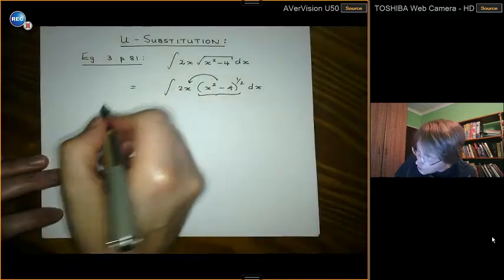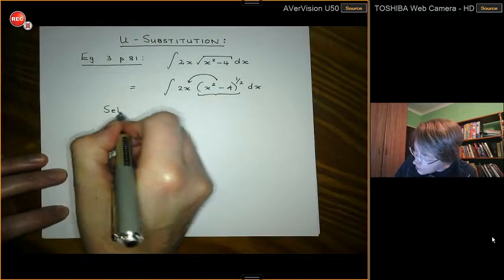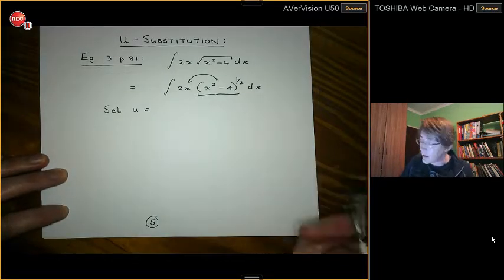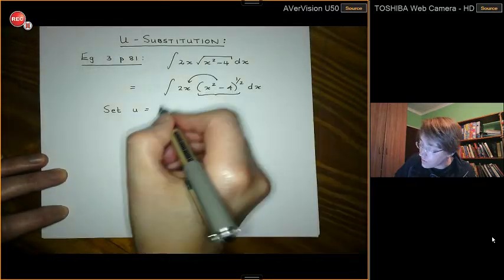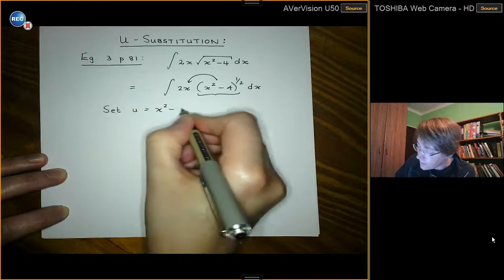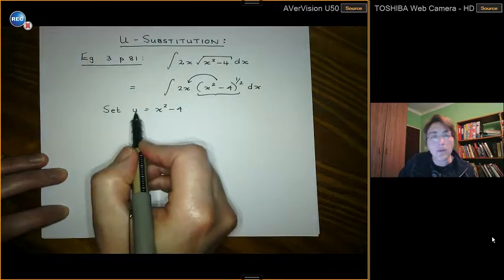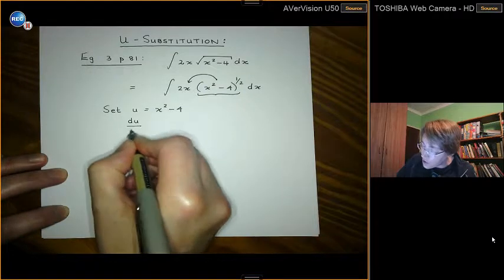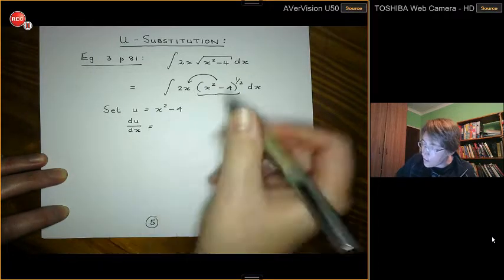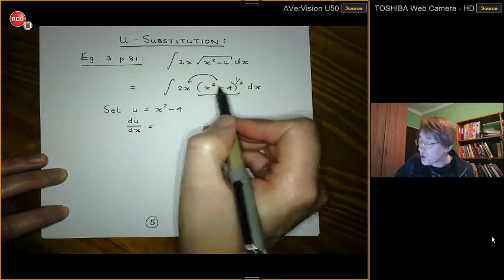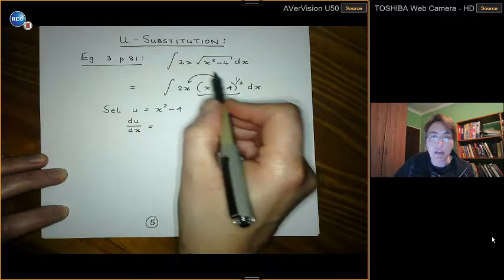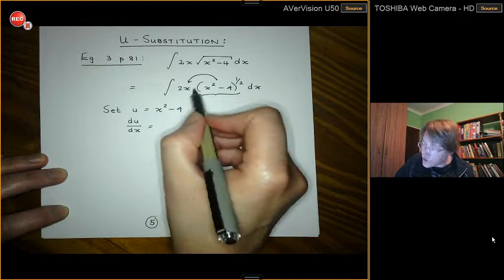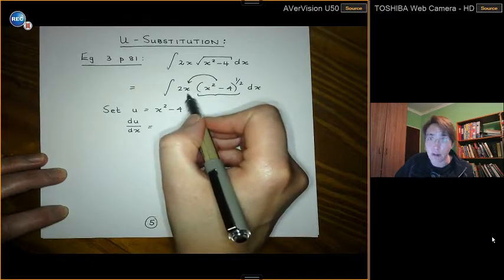So U substitution says you set U equal to that inside function. So you still need to be able to identify the inside function, which is the x squared minus 4. After you've set U equal to the inside function, you find the derivative of the inside function, which should also make sense because remember, every single time we used reverse chain rule, we did find the derivative of the inside function to go and check whether that little mess lying around next to it is in fact the inside function's derivative.